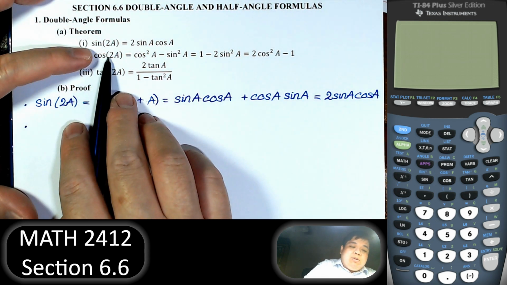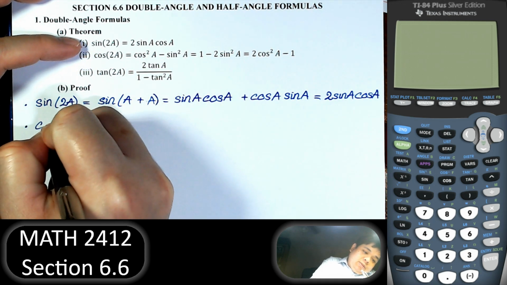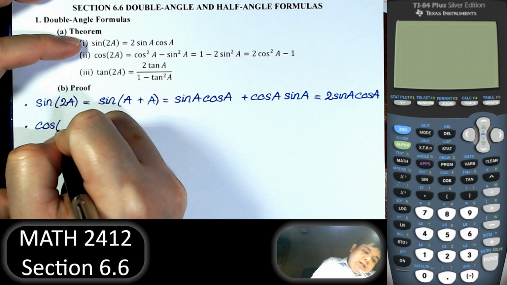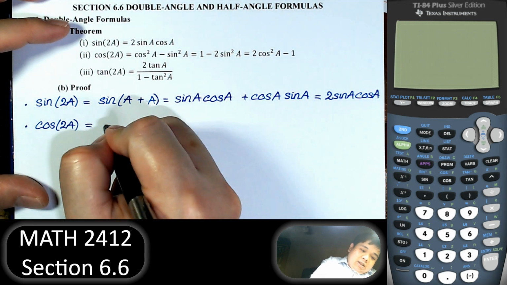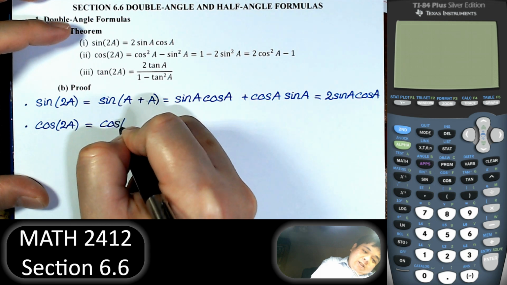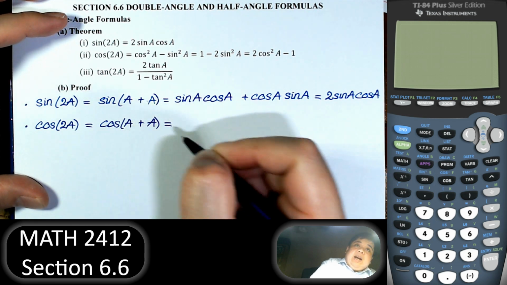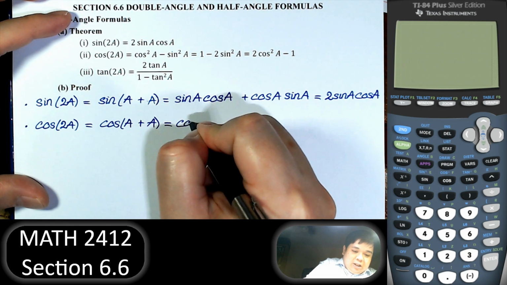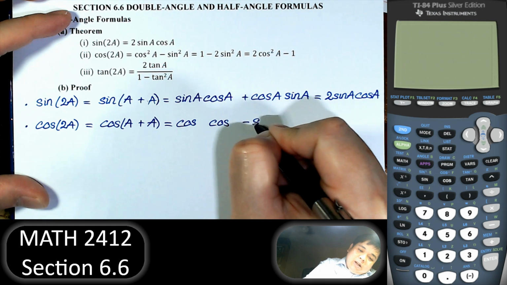Next, cosine of 2a, there will be 3 equivalent formulas. But we start with cosine of 2a as cosine of a plus a. And cosine of a sum is cosine, cosine, minus sine, sine.